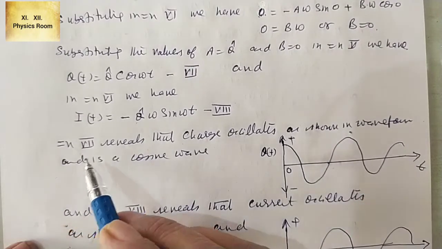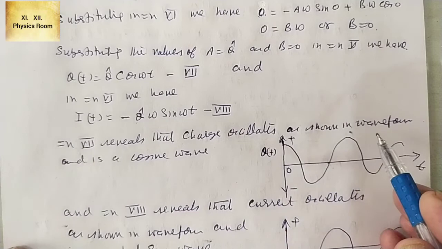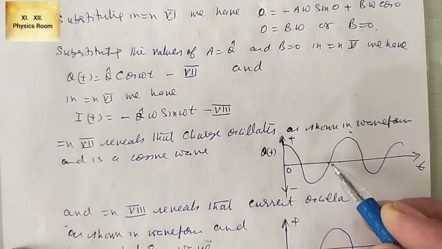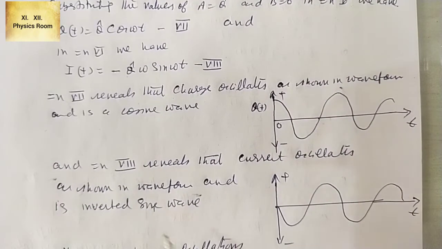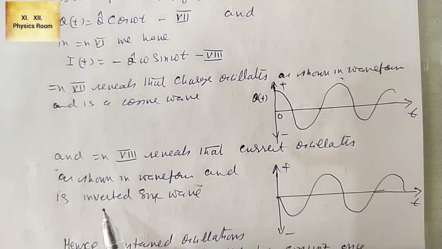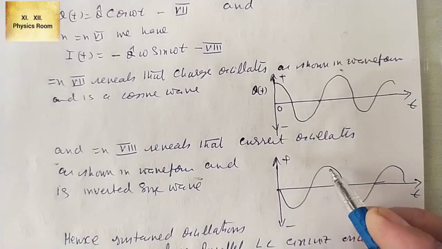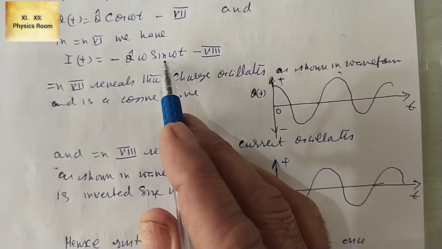Now equation 7 reveals that charge oscillates as shown by the waveform and is a cosine wave. Charge oscillates with time, and equation 8 reveals that current oscillates in the inductor as shown in the waveform and is an inverted sine wave, because minus is there, minus q max sin omega t.